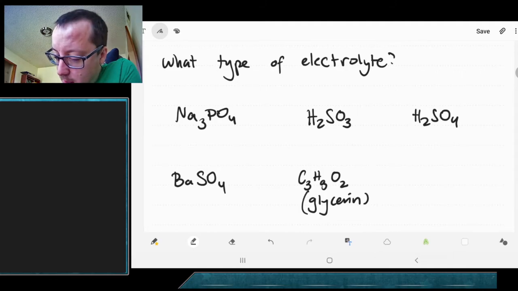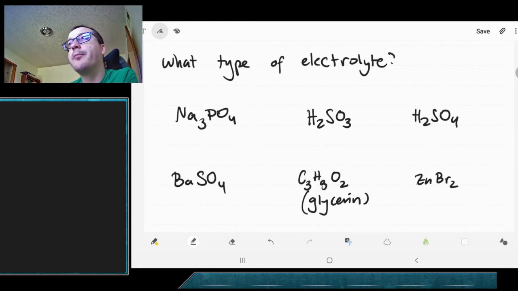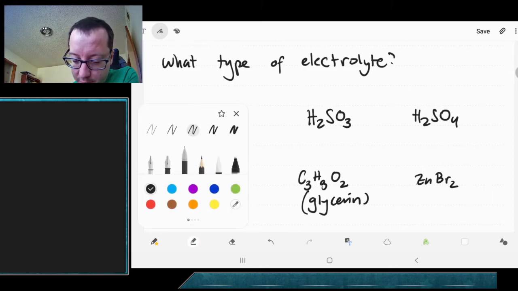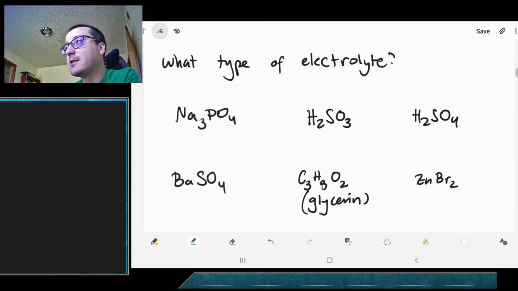Well, some glycerin, and then how about we also put zinc bromide. Okay, cool. With these, if we're going to classify them as electrolytes, we want to predict how they will dissolve. If we can identify the classes of these things, we can predict what type of electrolytes they are.